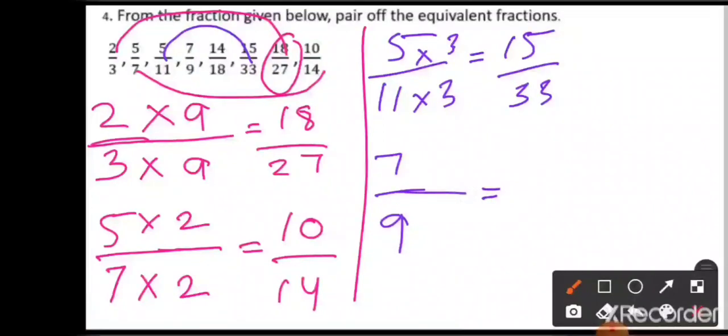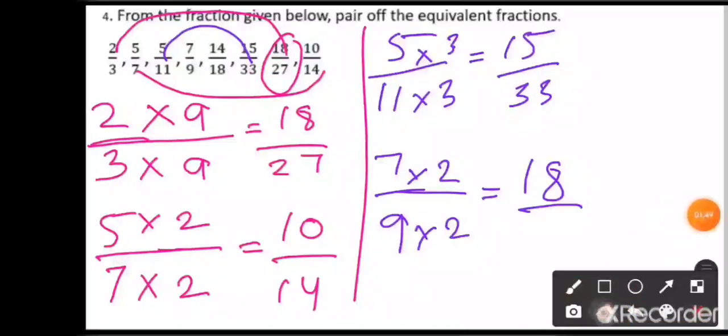If we multiply 7 by 2 and 9 by 2, the answer is 7 twos are 14 and 9 twos are 18. So these two are equivalent fractions.